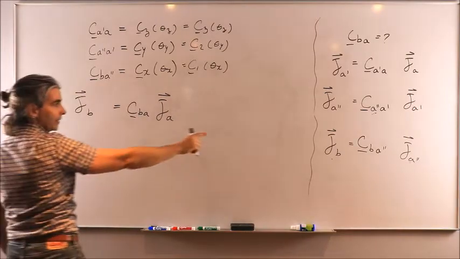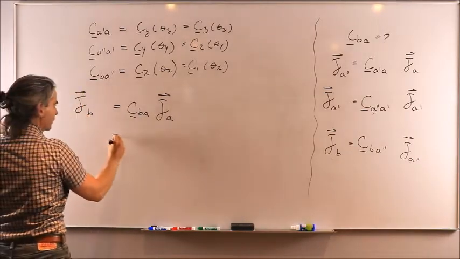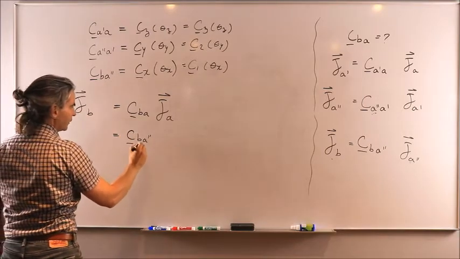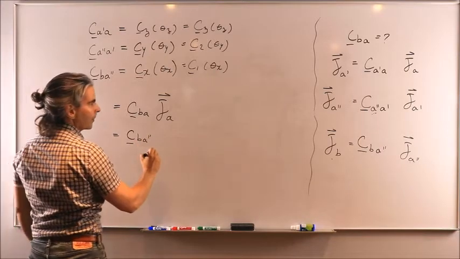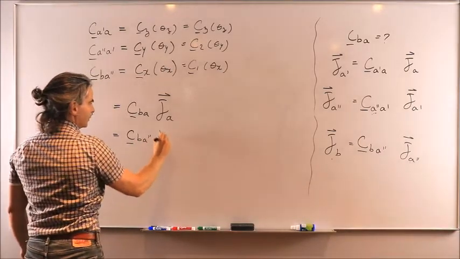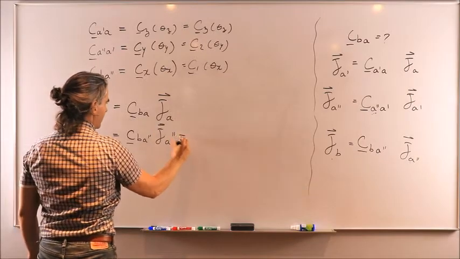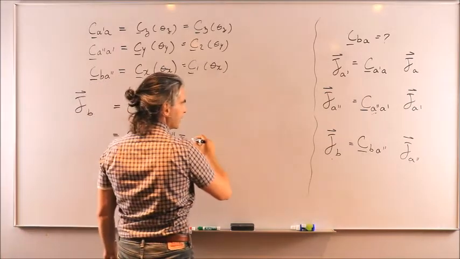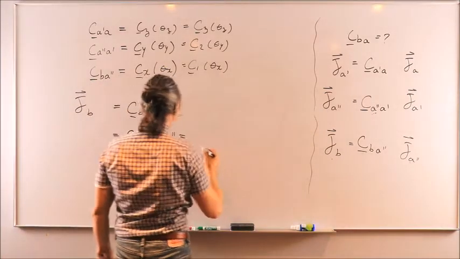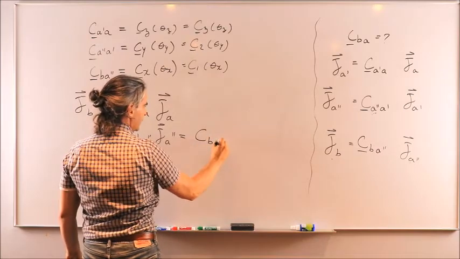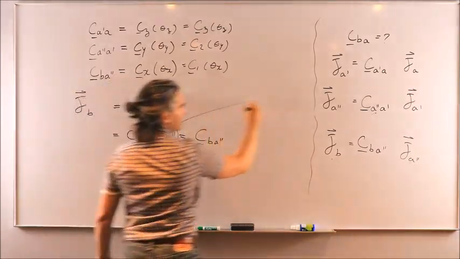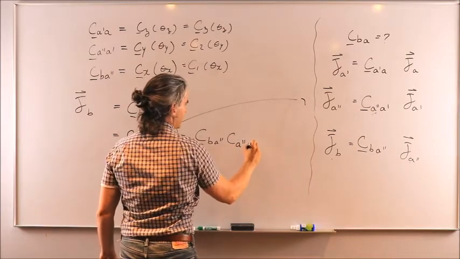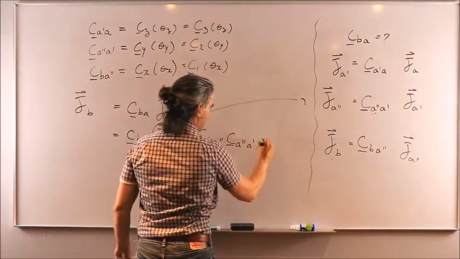Now, based on what I wrote, I know that reference frame B in our sequence was obtained from A double prime. But that A double prime as a reference system was obtained from A prime. So I'm going to say C B A double prime, as this is being replaced by that, times C A double prime A prime from A prime.